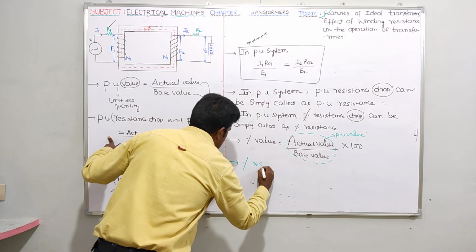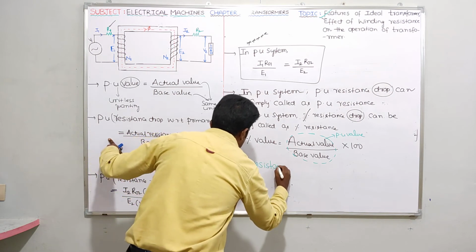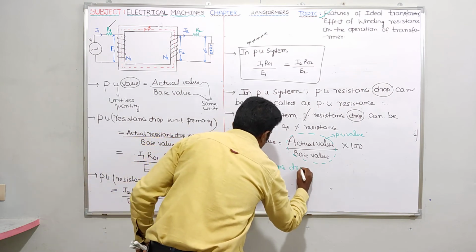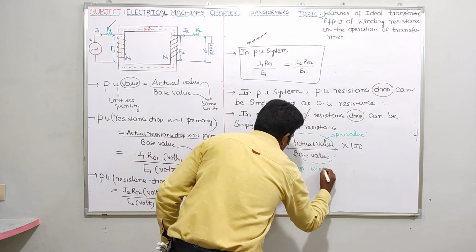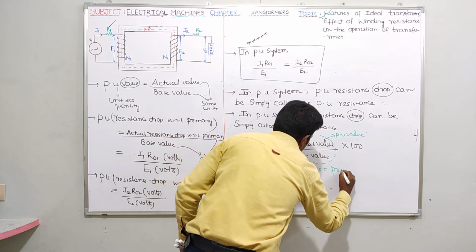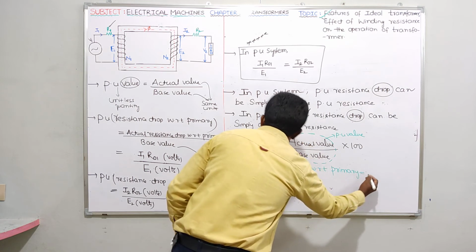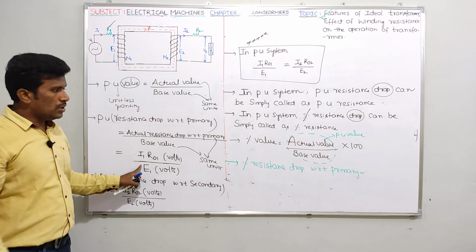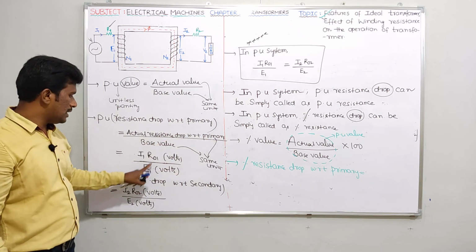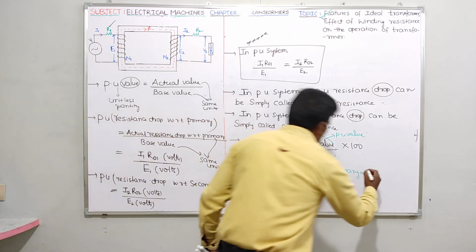So please, like this, tell me two formulas here. Percentage resistance drop with respect to primary equal to what? I told now, per unit value into 100. So simply write this and multiply with 100. That's it.